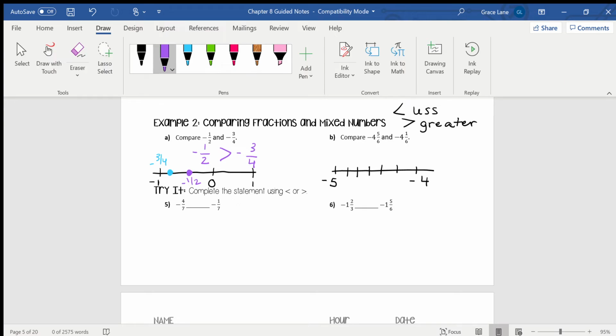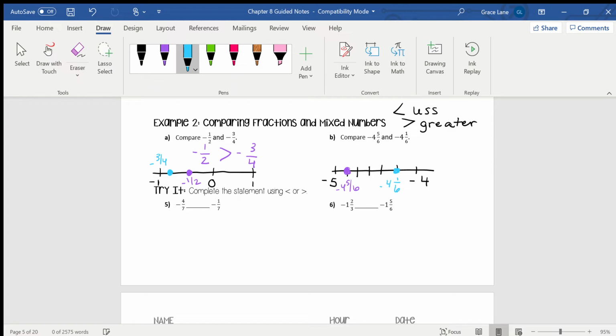So the first one, -4 and 5/6. So -4 plus 5/6. 1, 2, 3, 4, 5 would be here. And -4 and 1/6 would be right here.